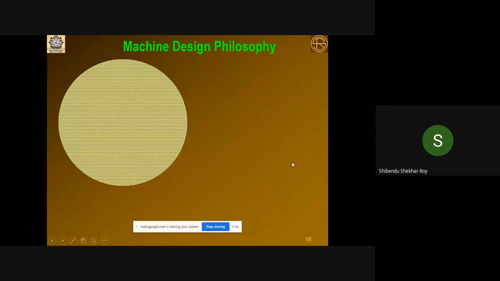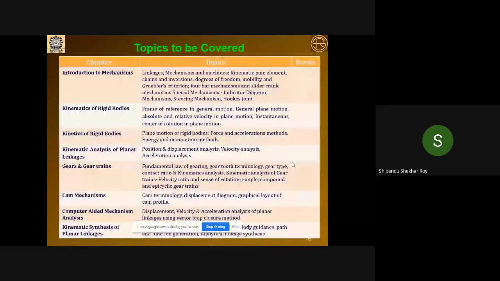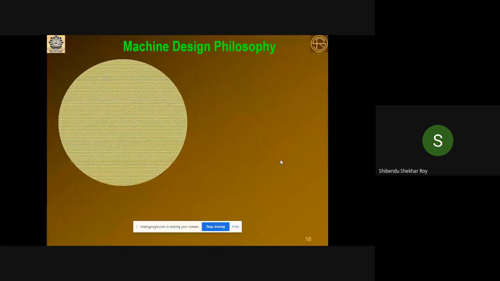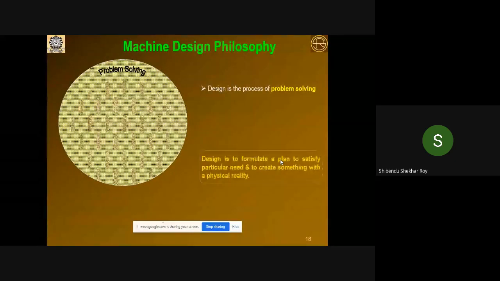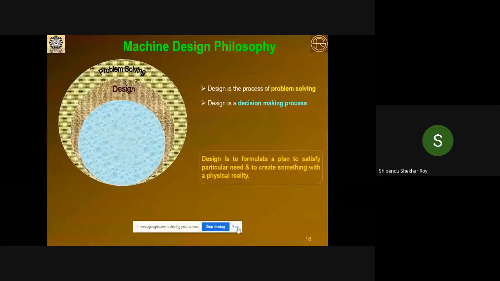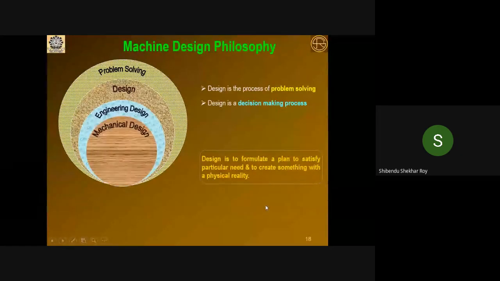Now, as I discussed in the last class, these are the topics that will be covered by three faculty members. So today I would like to start the introduction to the mechanism. Yesterday I mentioned that this particular subject is the most fundamental subject in respect of machine design, and we have introduced what we mean by design, or more specifically machine design.